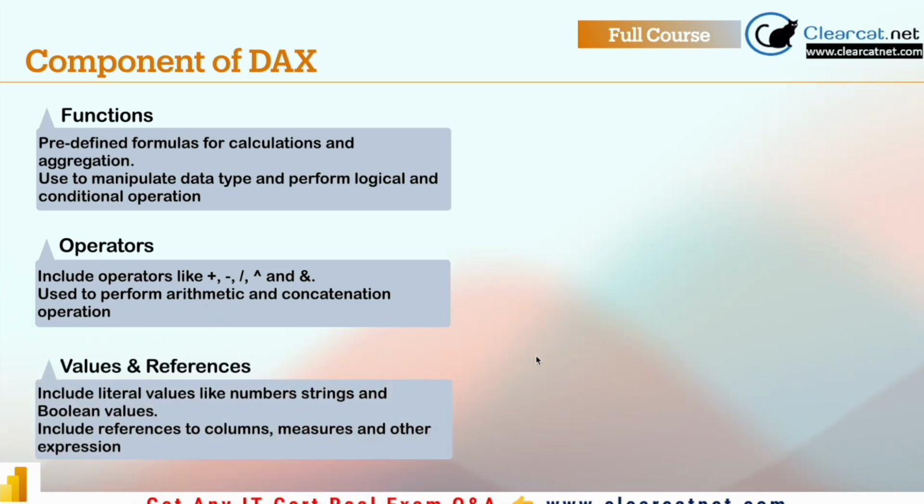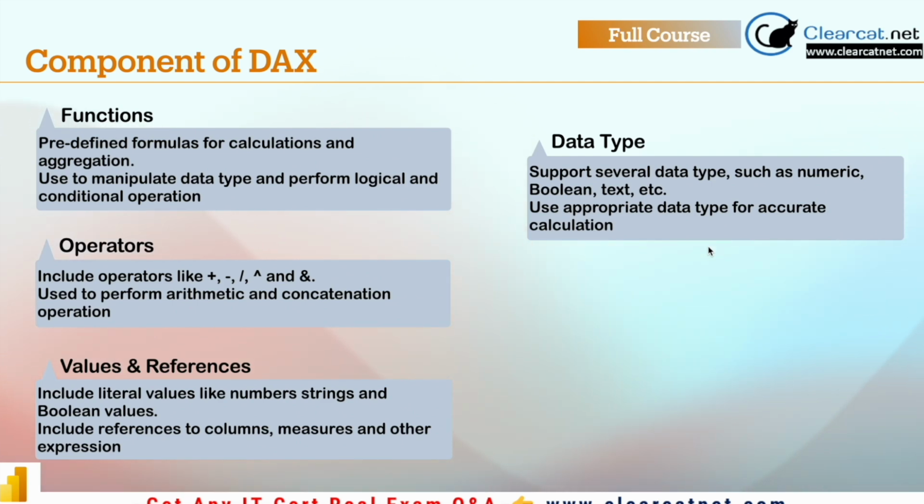Values and references: include literal values like numbers, strings, and boolean values, and references like columns, measures, and other expressions. Data type: in DAX we have several data types like boolean, text, numerical kinds of things, used to get accurate calculation.